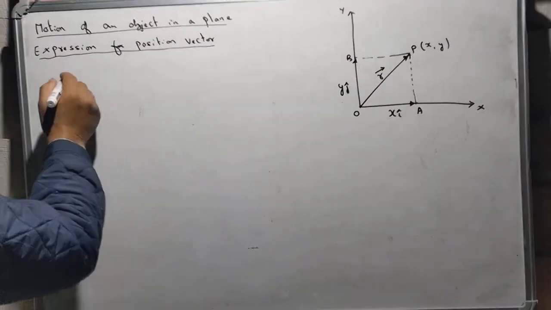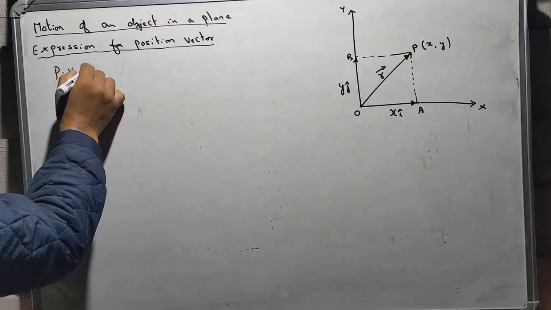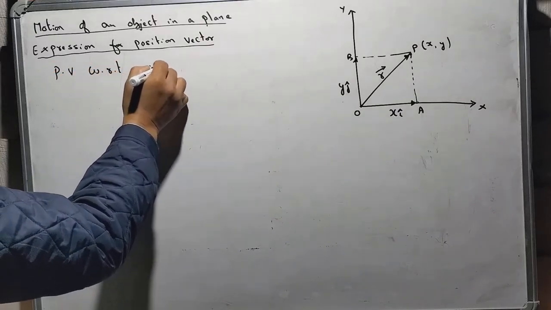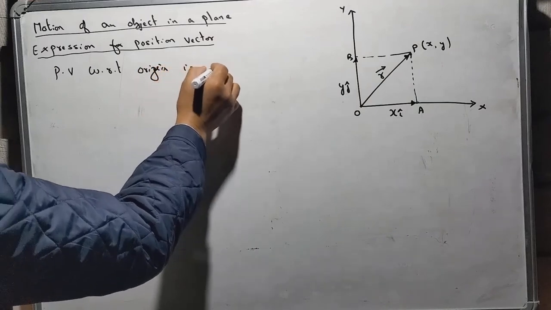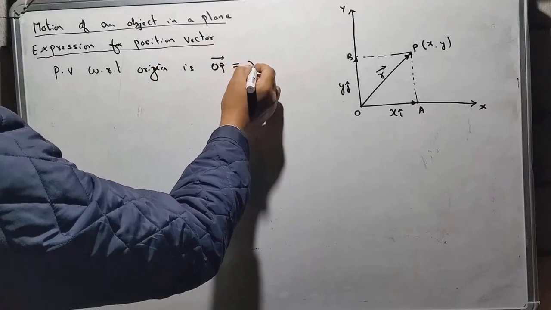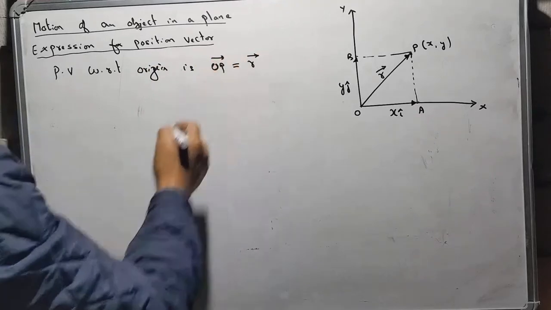That means the position vector with respect to the origin is OP arrow, and this OP arrow is equal to R arrow.